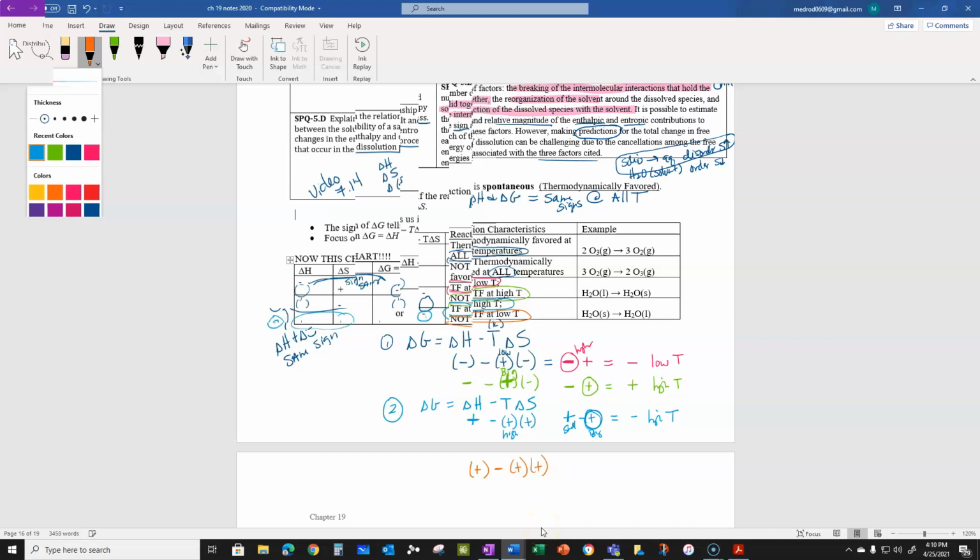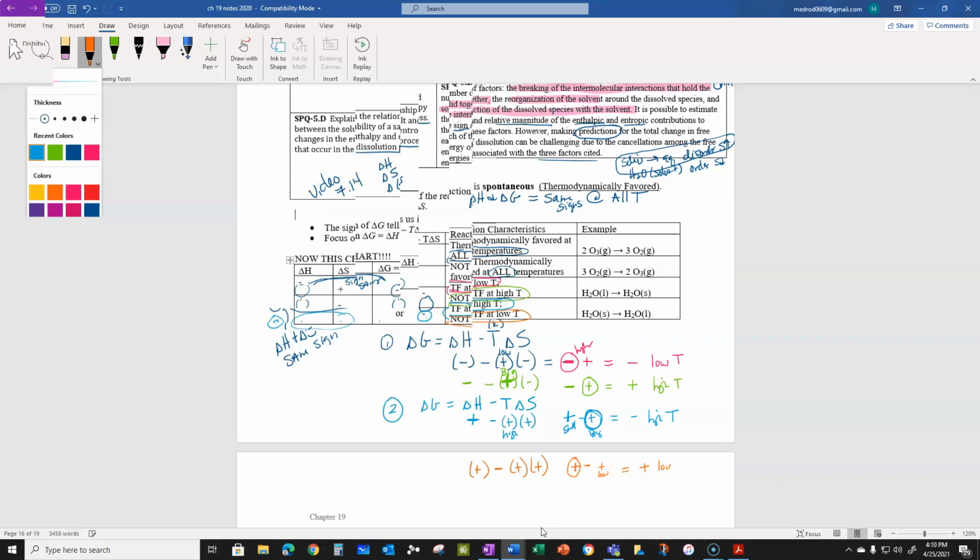If it's a very low temperature, I still get a positive minus a positive number. But remember, this number right here is very small. That means that this delta H is going to be trumping this calculation, which means I'm going to get a positive. Maybe it's making a little sense to you, maybe not until we do an example, which I'll give you. And then right here, this would be at very low.